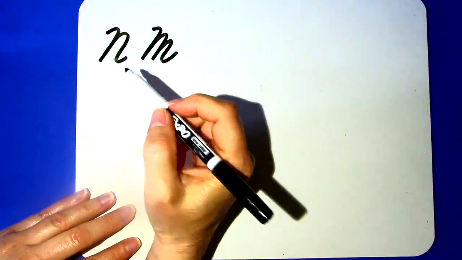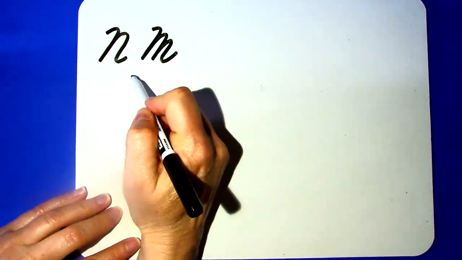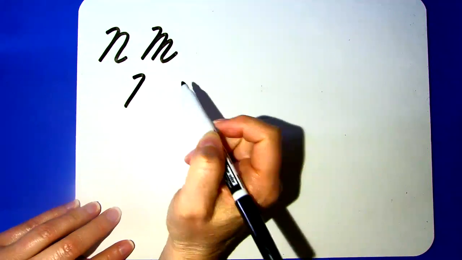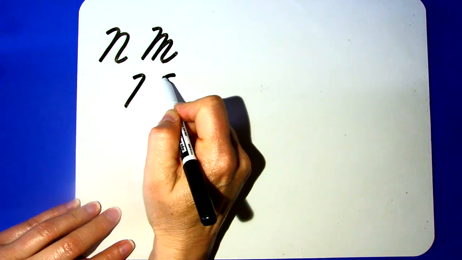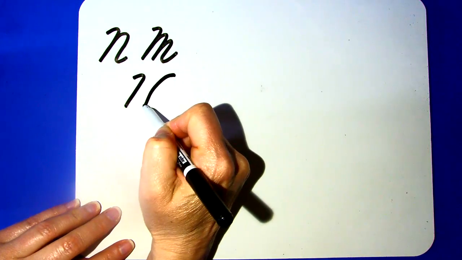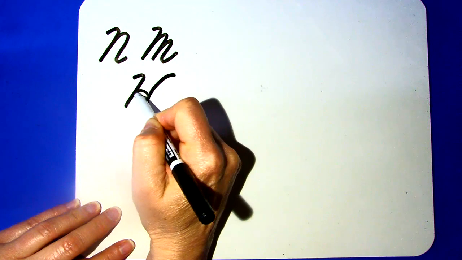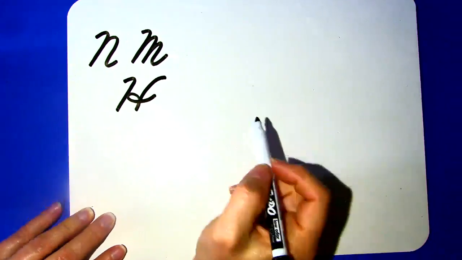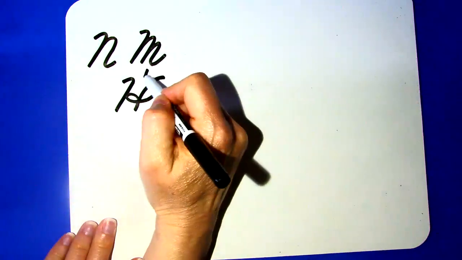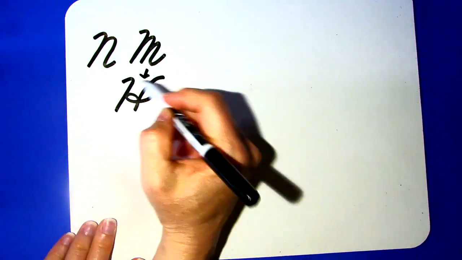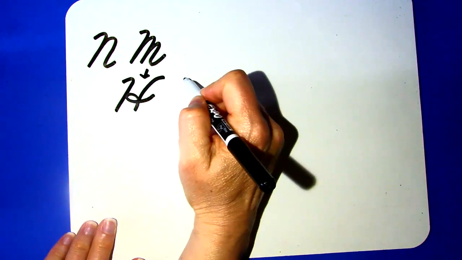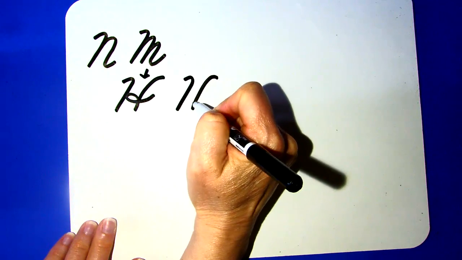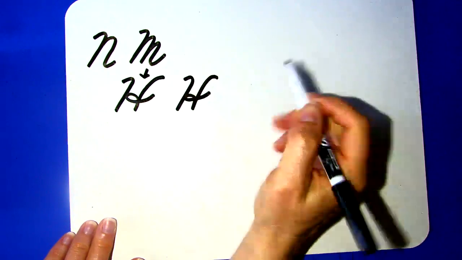H is a letter that you pick your pencil off the page for. Curve forward, pull back, you pick your pencil up off the page, curve back, up and over curve, and a loop for an undercurve. That is your H. Be very careful not to leave too big a space between this side and this side of the H. Curve forward, pull back, take your pencil off the paper, loop, undercurve.